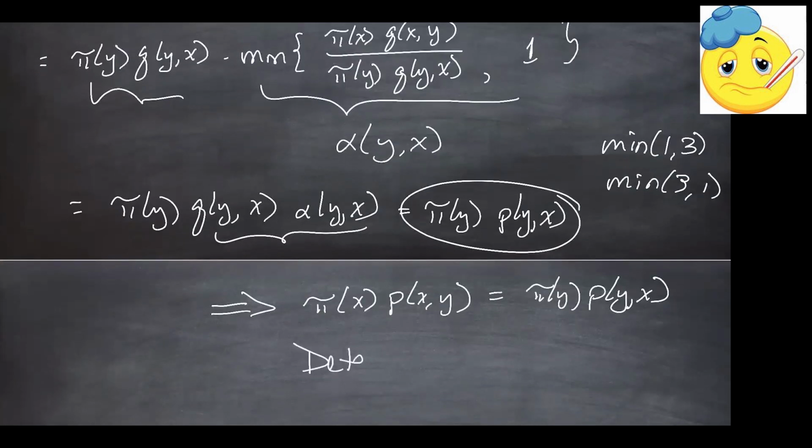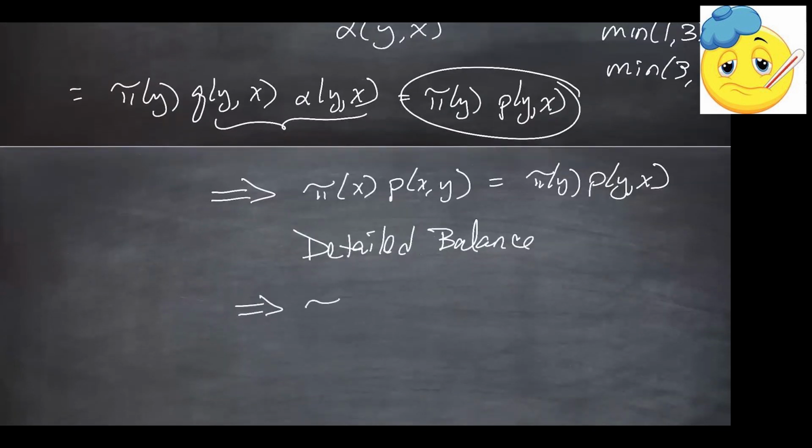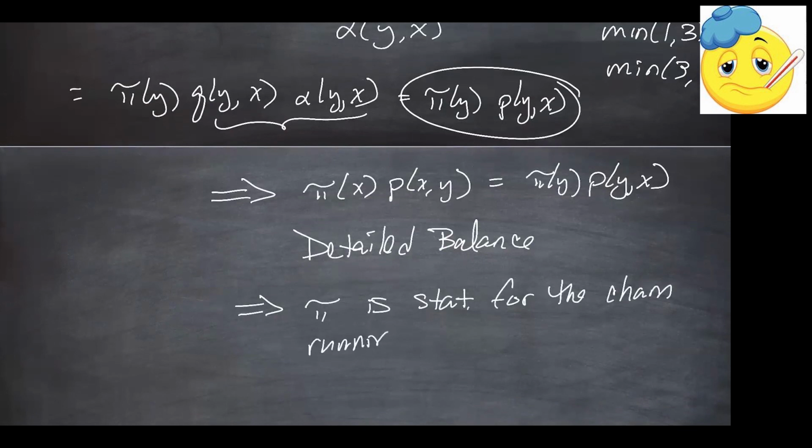And we just showed up above that that's enough to give you that pi is stationary for the chain running according to the transition density P. So this implies pi is stationary for the chain running according to P.